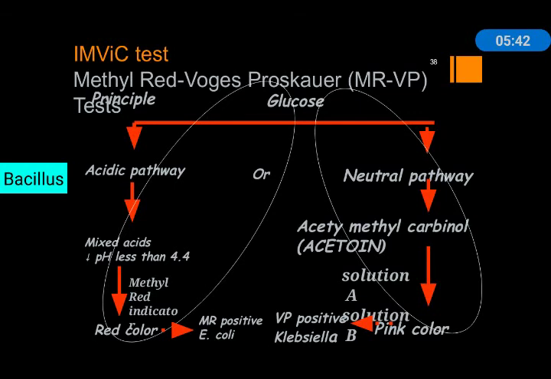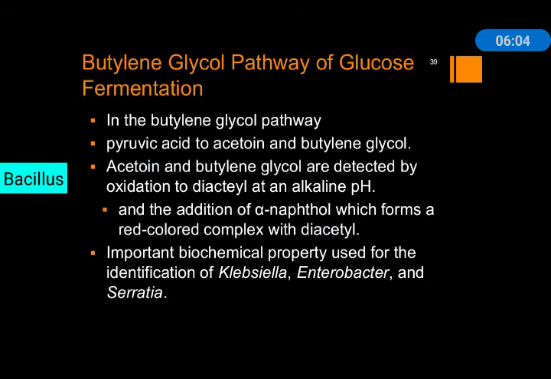Now we discuss the Voges-Proskauer test. It is the neutral pathway. Acetyl methyl carbinol solutions are added, and the solution turns pink, and Klebsiella and Enterobacter give a positive test for Voges-Proskauer. Butanediol pathway of glucose fermentation.